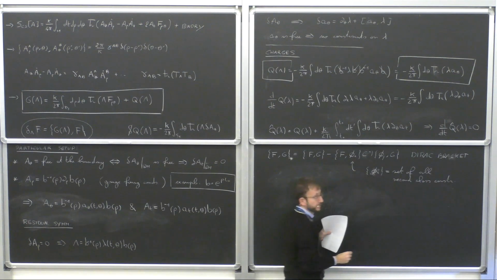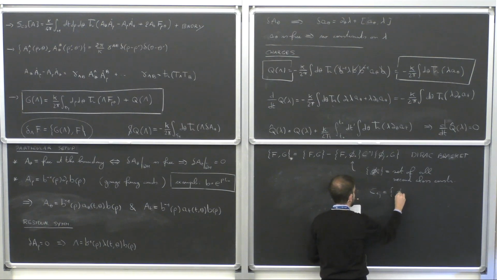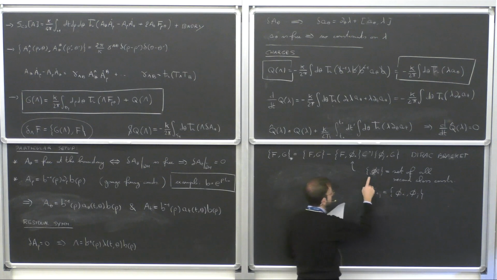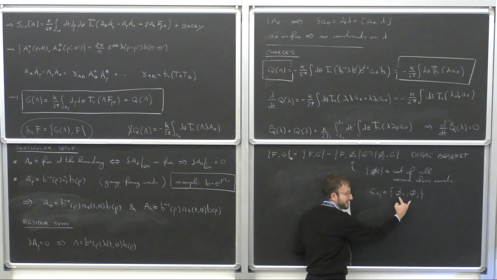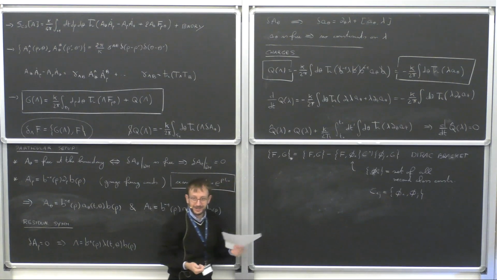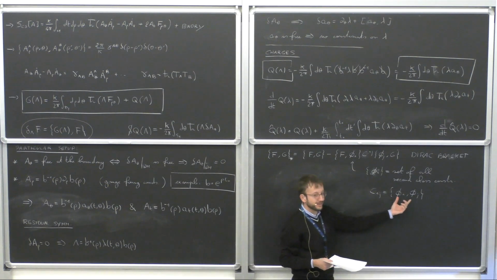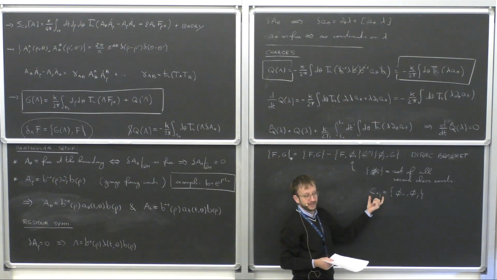This is the set of all second-class constraints, and C_ij. This parenthesis means that it is really a set, and this is a Poisson bracket, and this is the matrix of the constraints. So these constraints are second class. What does it mean that these constraints are second class? It means that this matrix is invertible.